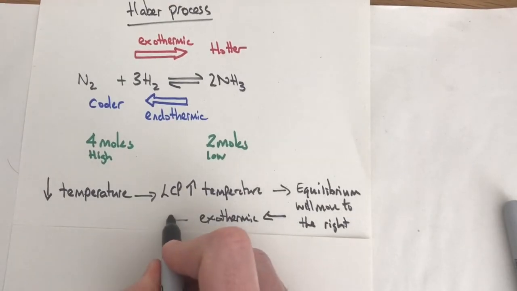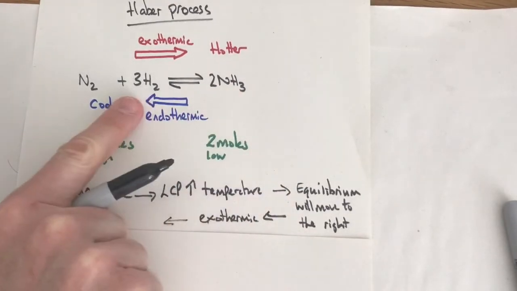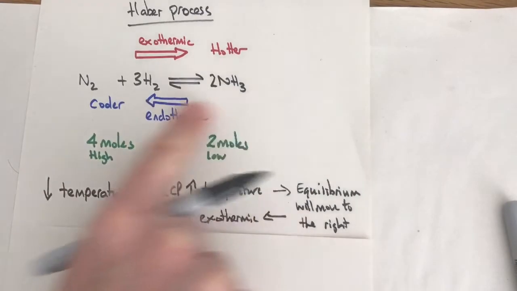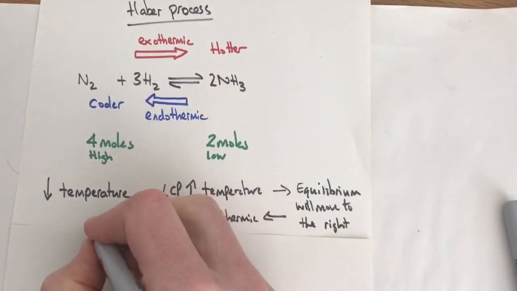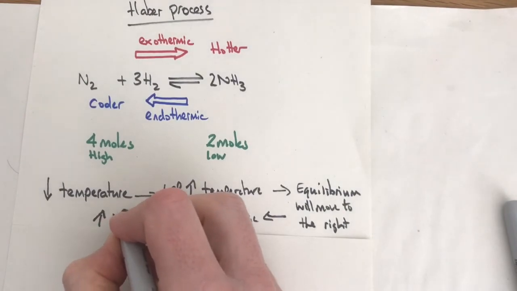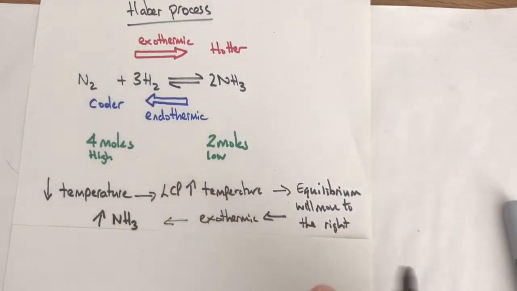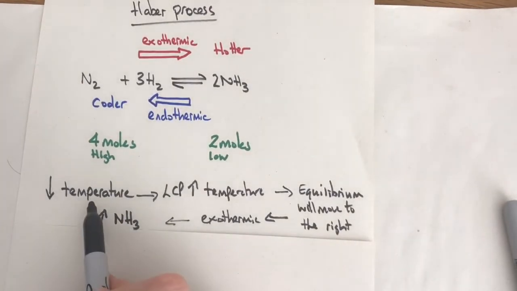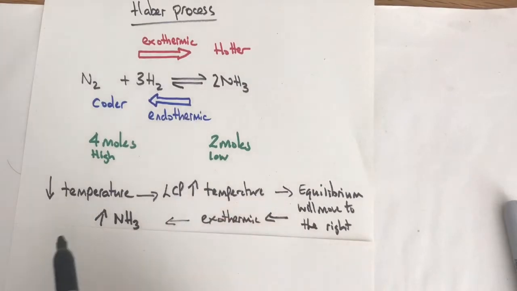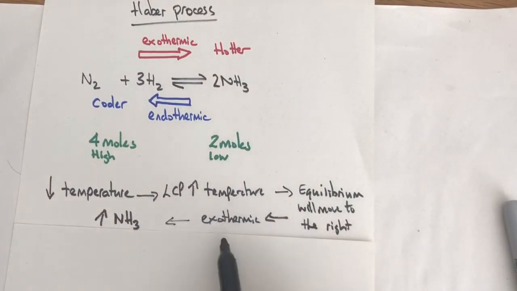What will happen if it does that? This means the reaction is going this way, therefore we are going to get an increase in the amount of ammonia. We're going to get more ammonia produced, which is good. That's what we want. So temperature, this reaction would favor a lower temperature to get more ammonia for the reasons we've just explained.